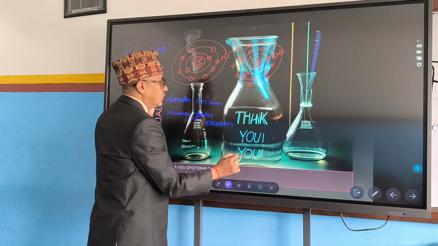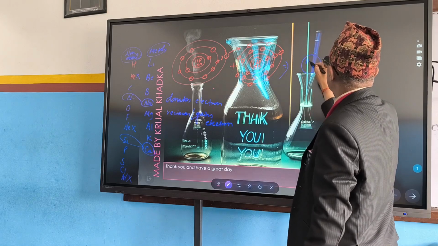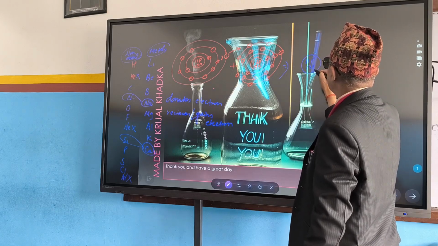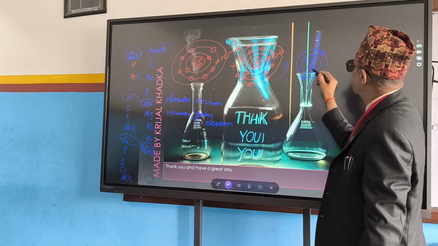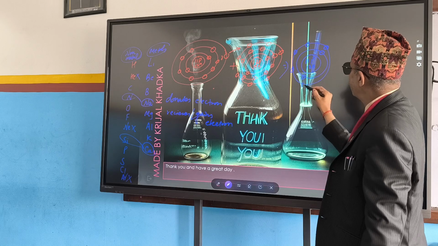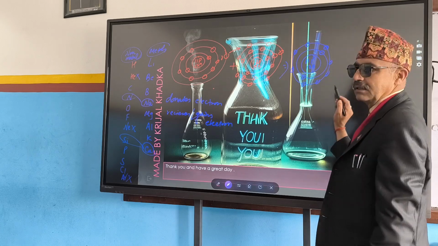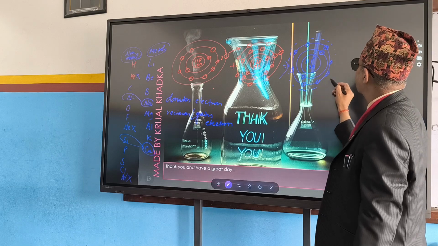Next, let me draw here. It will be like this. 11 protons. How many neutrons? 12 neutrons. In the first orbit, how many? I am talking about sodium. 2. Second, how many? 8. Now the last is missing. There is no last orbit.